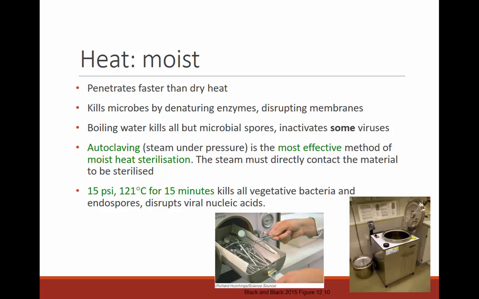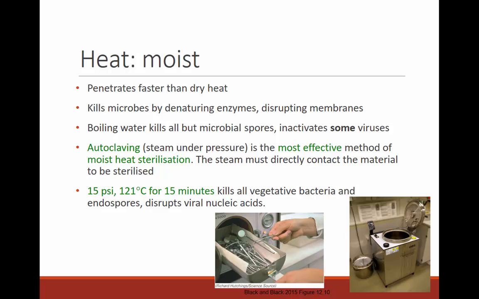Probably more effective is autoclaving. So this is steam under pressure. So you've got temperature, moist heat, and pressure. And that's an effective method of moist heat sterilisation, but the steam must come into contact with the substances or the materials to be sterilised. Okay, so if you jam pack everything together and steam can't circulate through, then what's happening in the middle won't be sterilised.